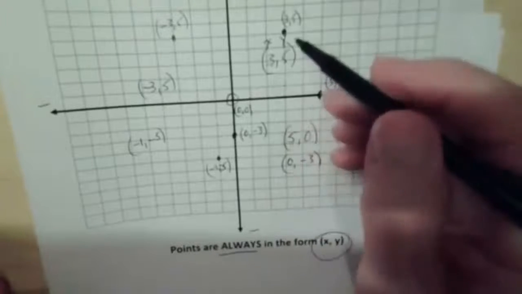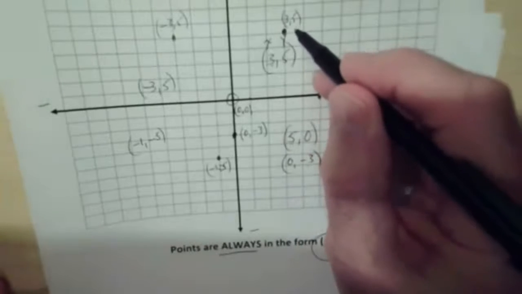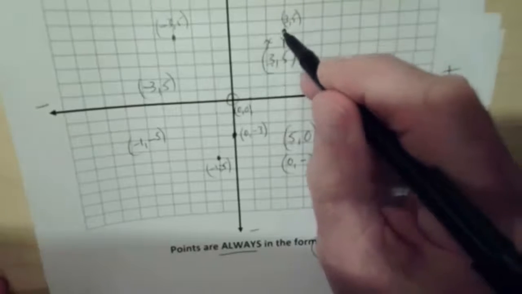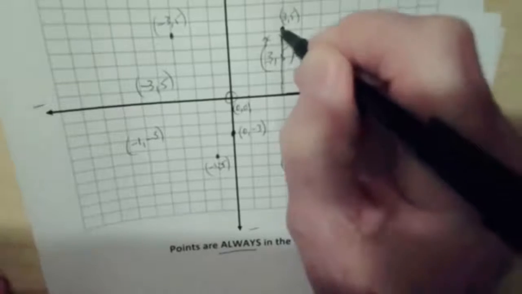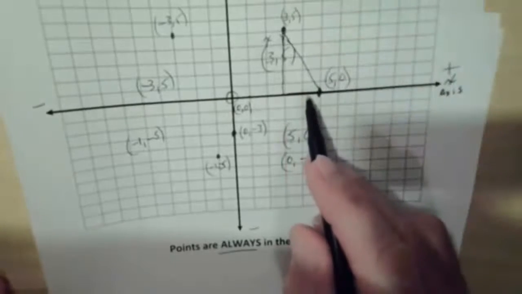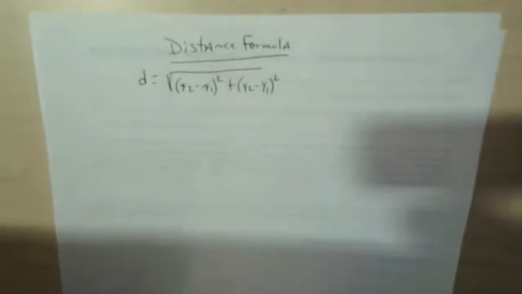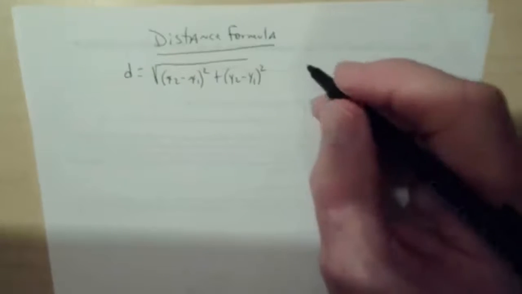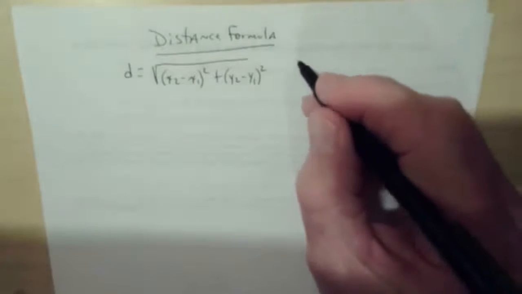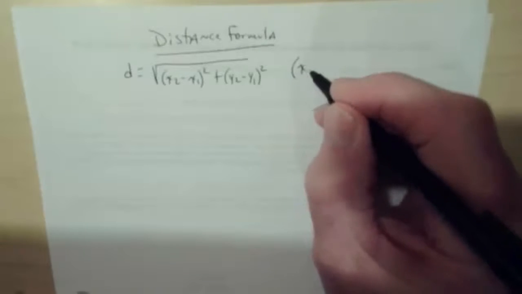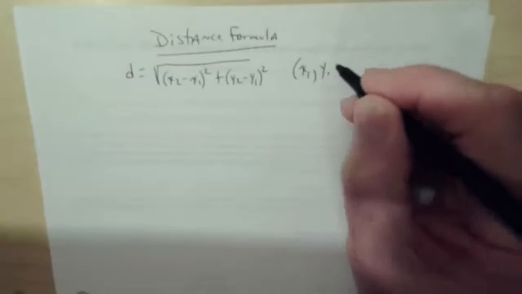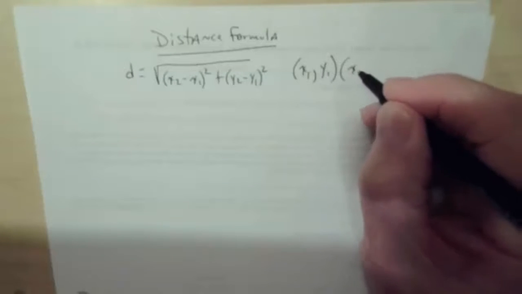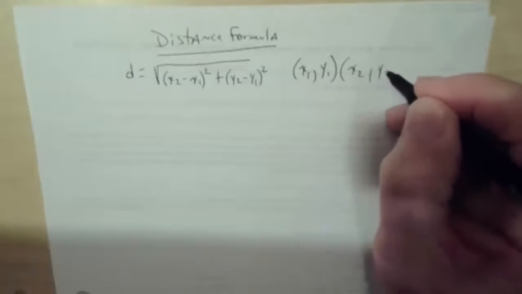Like if we wanted to know the distance between (3, 5) and (5, 0), see? It makes a right triangle, and that's what this is. This is the Pythagorean theorem. Now, what we're going to have are 2 points, (x1, y1) and (x2, y2).